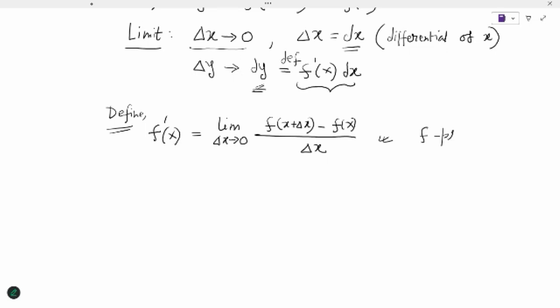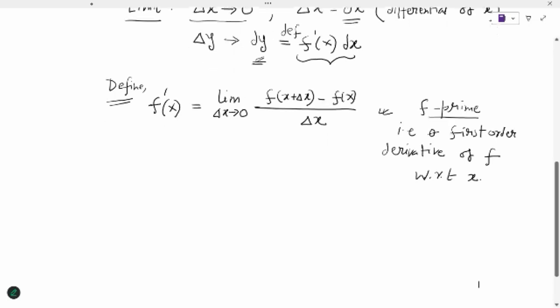We call it like that. That is the first order derivative of f with respect to x.